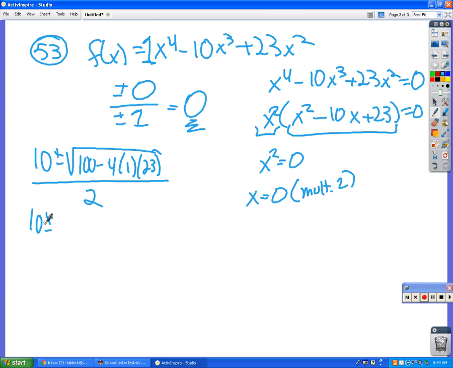So this is 10 plus or minus, what do I get underneath the square root? 10 squared, b squared, is 100, minus 4 times 23 comes out to be positive 8. Break down square root of 8 for me. 4 times 2, which is 2 root 2.